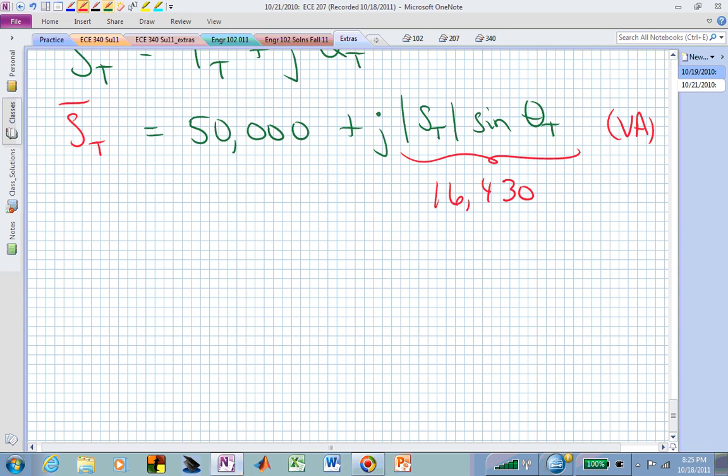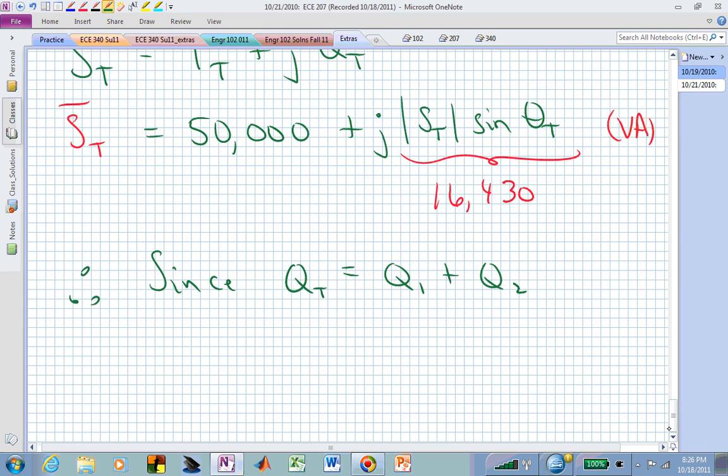That's what we want to give us this power factor total of 0.95. Now, since Q sub t is the sum of Q1 and Q sub 2, we now have a way of finding or computing Q sub 2.